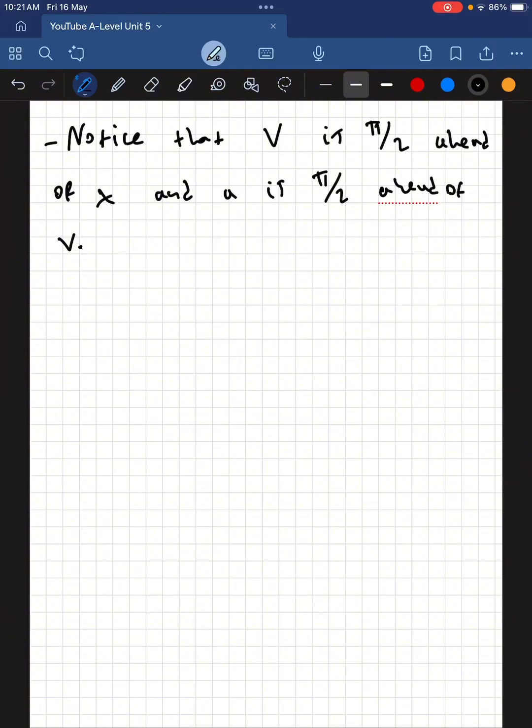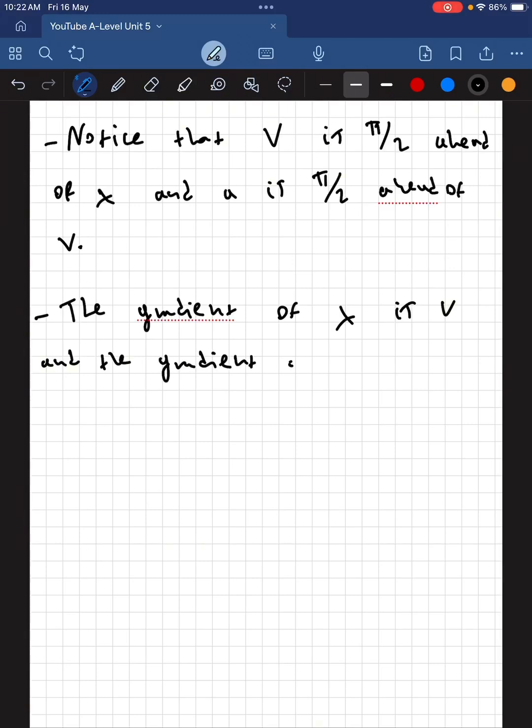One more thing is that the gradient of x is v, and the gradient of v is a.